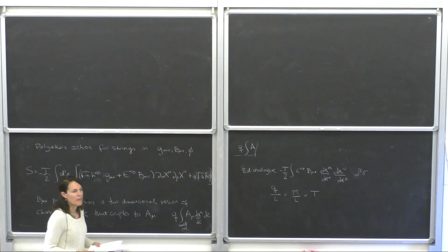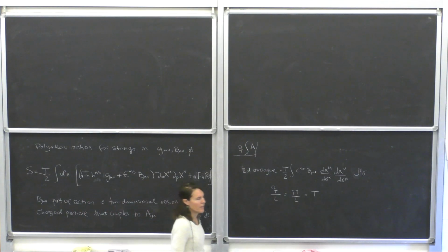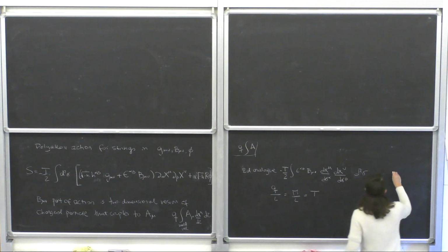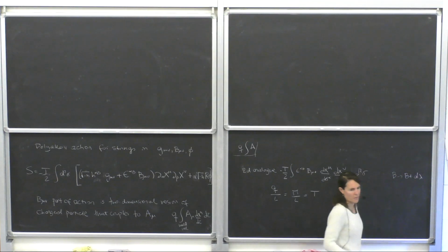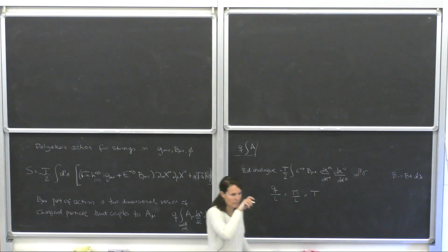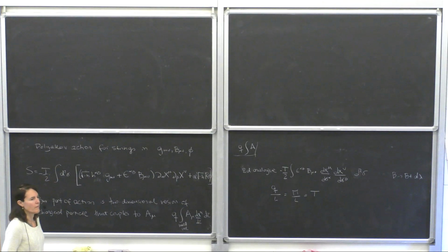Yes, exactly. The gauge transformation is B plus d lambda, which is a one-form. So it's like a gauge current coupling, like the partial alpha X mu, partial beta X mu is like a current.